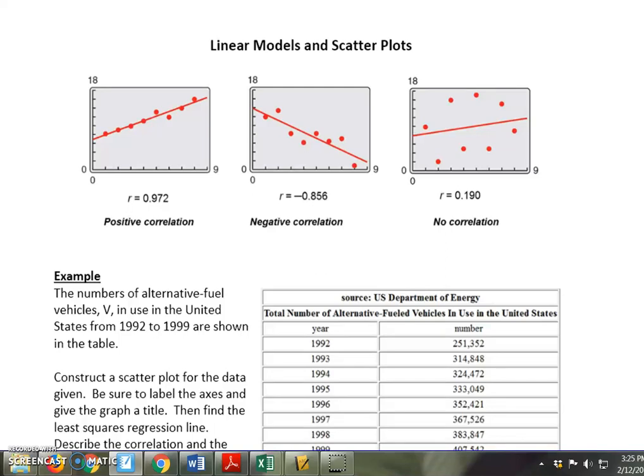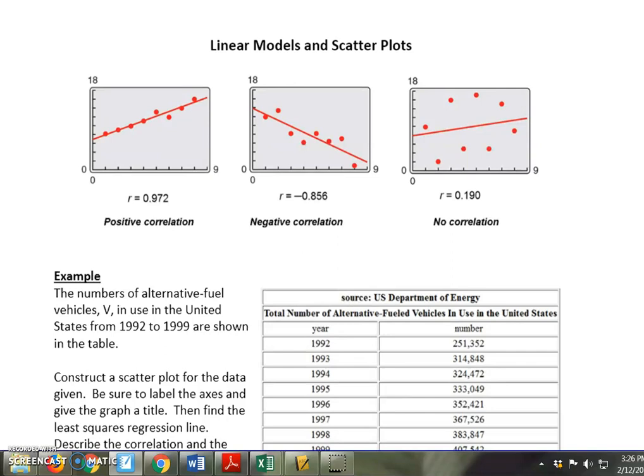Let's take a look at linear models and scatter plots. We can see we have three output windows from a graphing calculator. In the far left, we have a positive correlation. That means the points are in a pretty linear pattern, and as x is increasing, y is increasing.